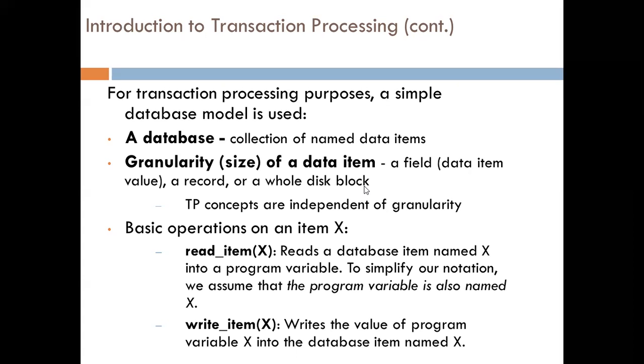Granularity can be defined for a database field, maybe an attribute, an entire tuple, or the whole disk block itself. Transaction concepts are independent of granularity. The basic operations performed in any transaction on an item X, which may be an attribute, a tuple, or a block of data, are reading and writing.